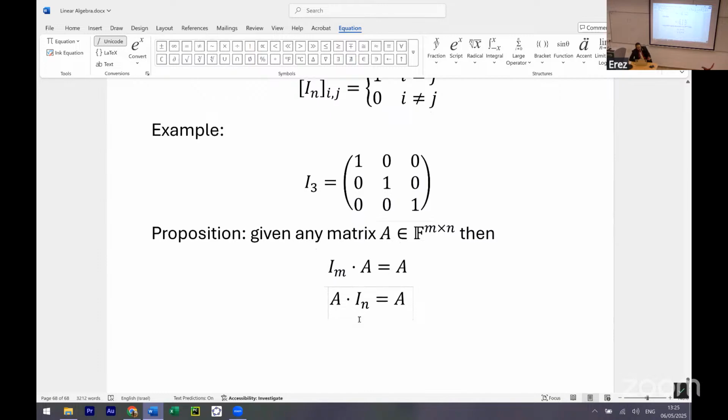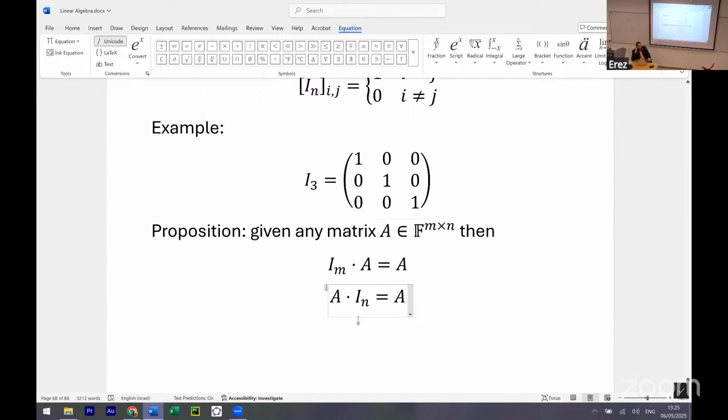And again, that's because matrices are like functions. So think of a function that takes people and outputs dogs. If you wish to apply the identity function first, you need to apply the identity on people. If you wish to compose the identity function second, you have to take the identity on dogs.